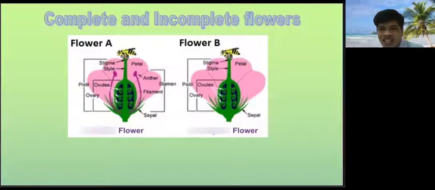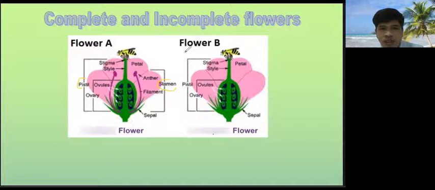Chertam said A is a complete flower. It means B is an incomplete flower. Why? Because flower A has both the pistil and the stamen. The pistil is the female part and the stamen is the male part.